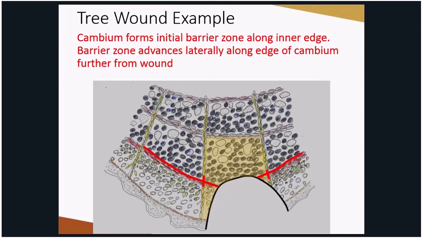What happens in the barrier zone is a lot of those cells are very rich in suberin. Remember we talked about that earlier. It's waxy, it's impermeable, there's a little less lignin in some of these cells and fewer conductive elements. So as that cambium starts to change and react and grow differently, there's fewer conductive cells in there that can allow movement up and down and throughout the tree. So right away changes happen in the cambium.